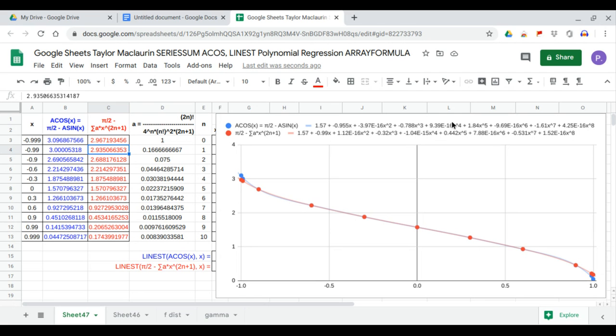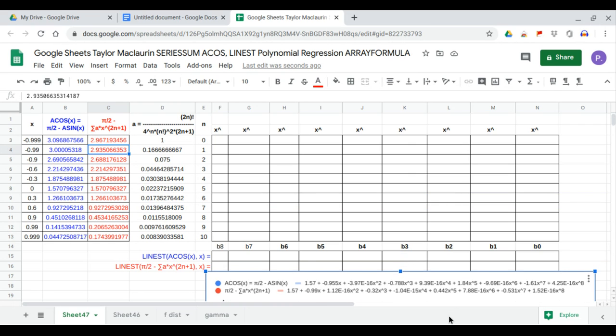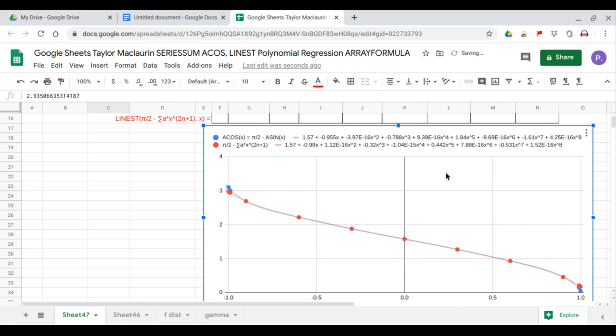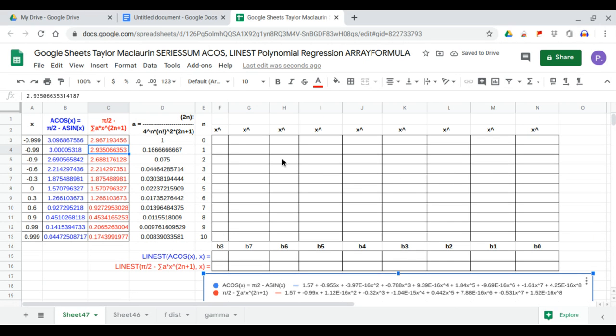To do that, we generate the 1 comma x matrix. So here we have the 1 comma x matrix. First, we enter the power. So x to the power 0, to the power 1, squared, cubed, to the power until x to the 8. So this is equal to transpose from 0 to 8.